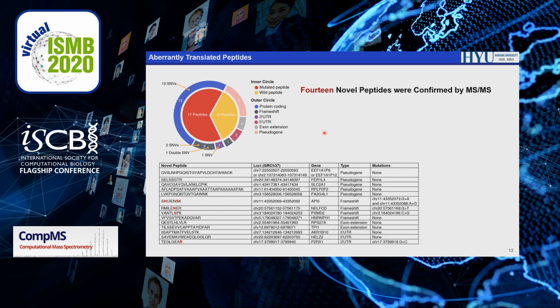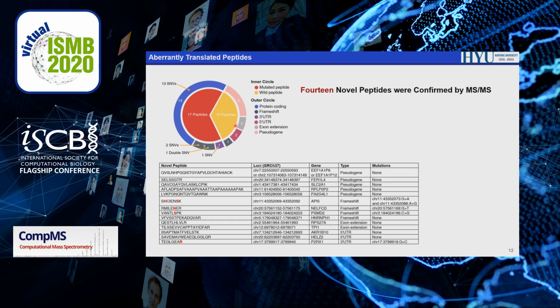When it comes to aberrantly translated peptides, we identified 17 mutated peptides, but 13 among them were discarded because of protein coding. Note that selecting novel peptides allowing mutations must be curated by considering mutated peptides in coding regions.